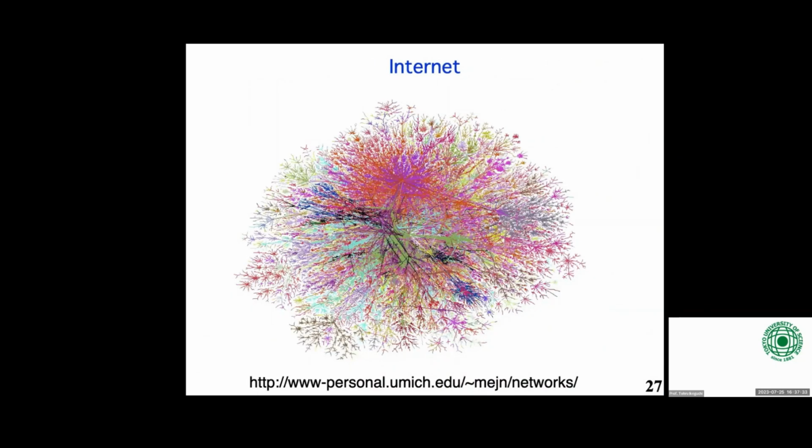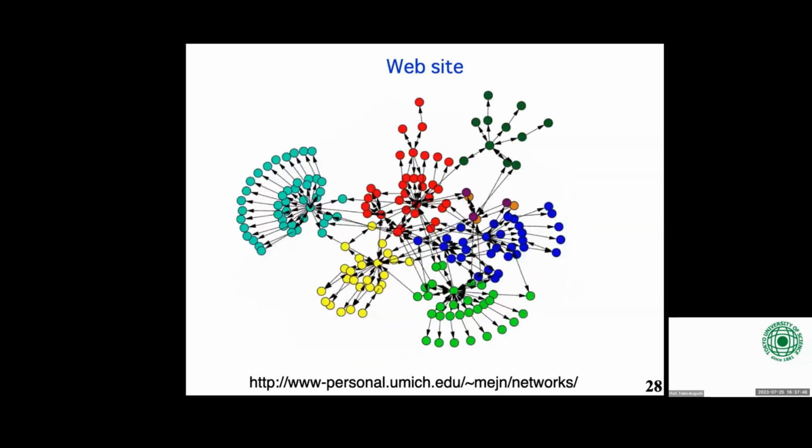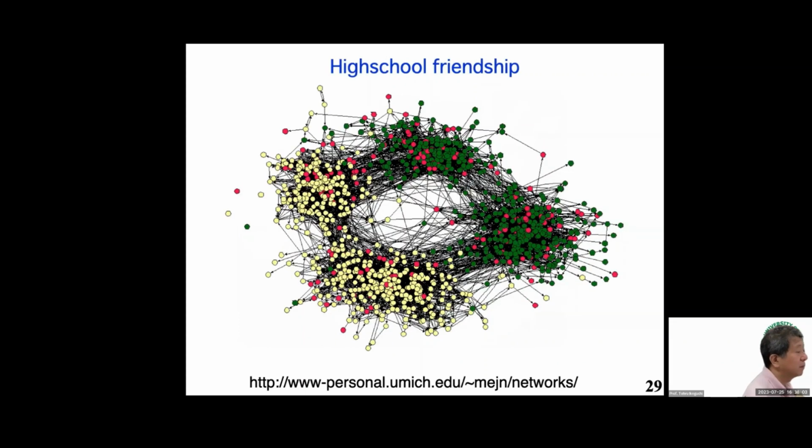The next example is the visualization of internet connections. Again, we can see that connections are concentrated on certain devices, which can be called hubs. This slide shows the connections between the pages of a website. You can see that some of these pages have a large number of links. This is a high school friendship network.